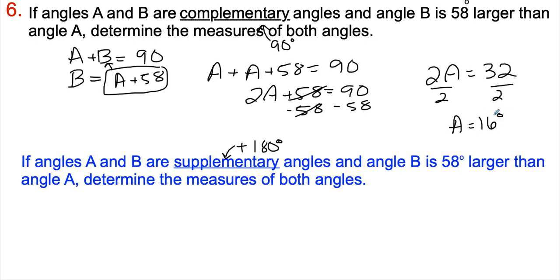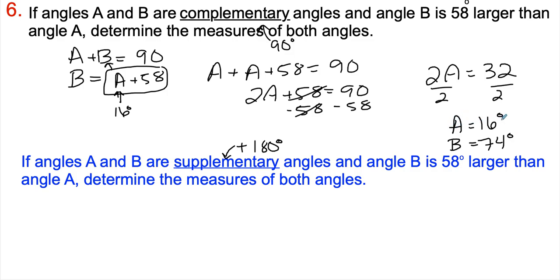That's degrees. Make sure we label it. Okay? But we still need to find B. How are we going to figure out B again? Well, we got this equation over here. B equals A plus 58, we can plug 16 degrees in there, and we can figure it out pretty quick. So 58 plus 16, that's going to be 74 degrees.